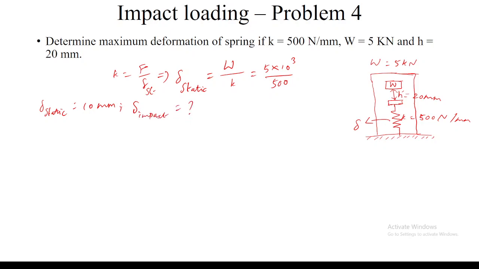To find delta impact, first I have to find the impact factor. Then delta impact is delta static into the impact factor. The formula for the impact factor is 1 plus the square root of 1 plus 2h divided by delta static.